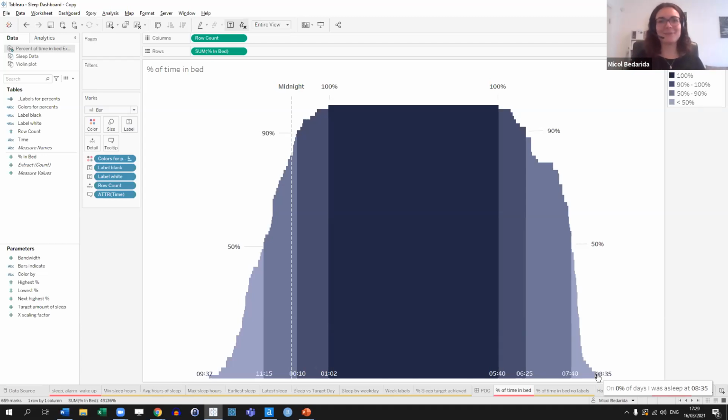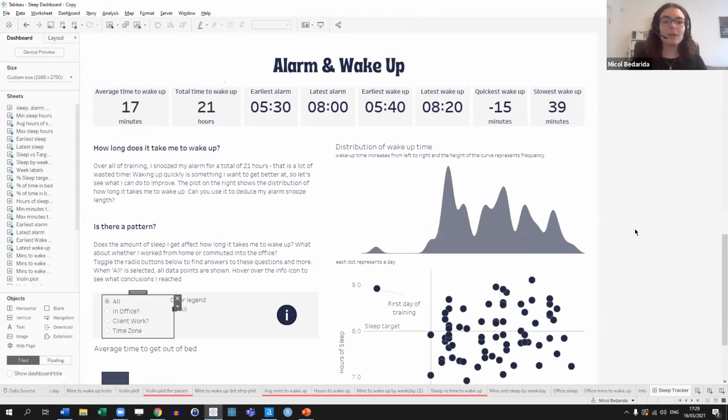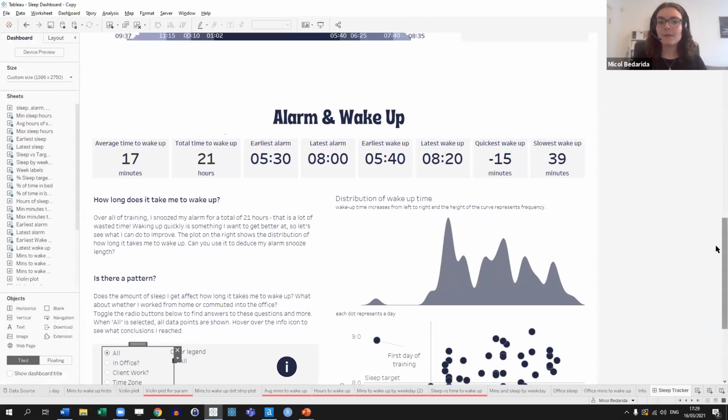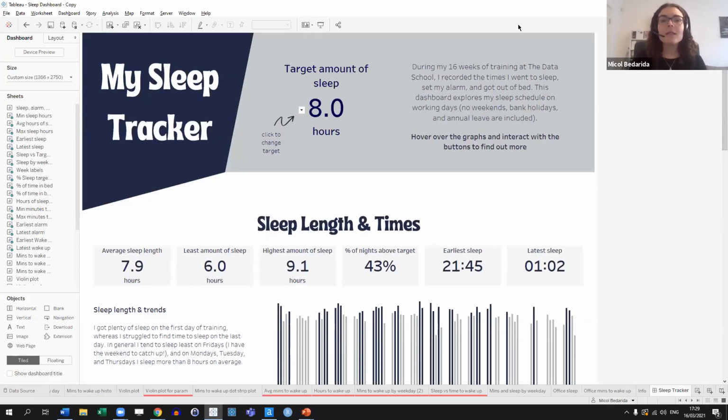And Alice already showed you some great examples earlier. But after many iterations of sketching out the dashboard, this is what I ended up with. Sorry, let me scroll back up here. So this is what I ended up with.